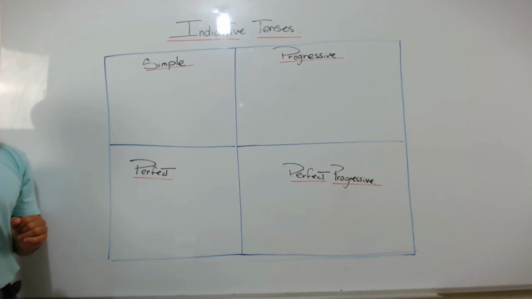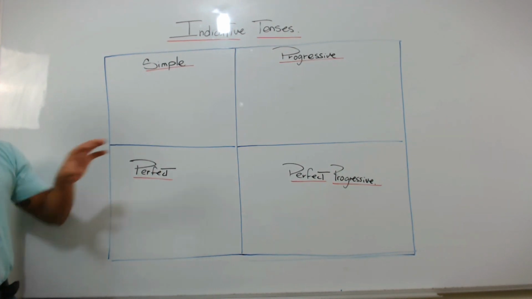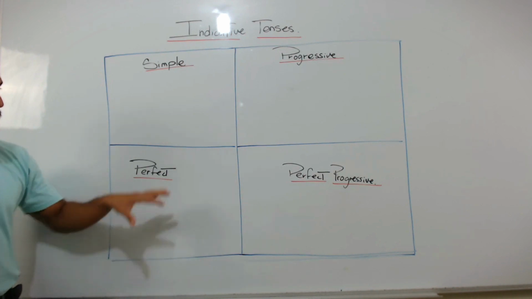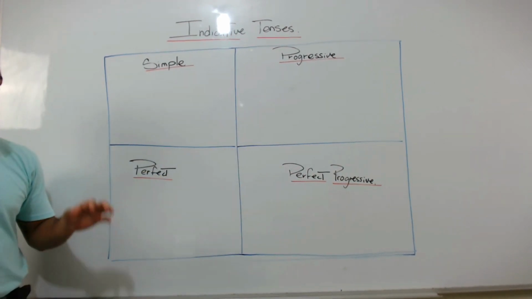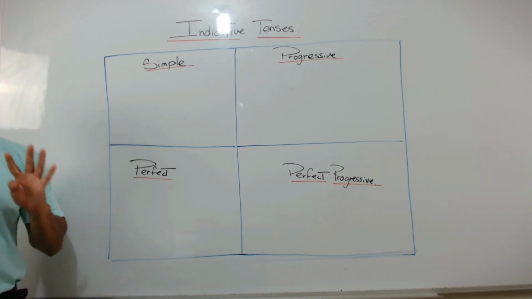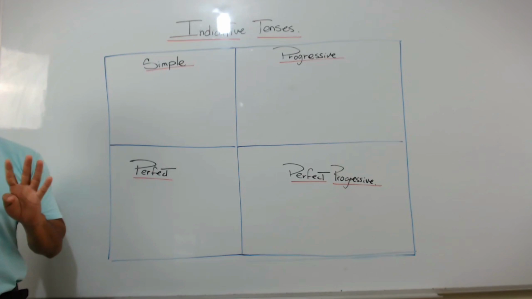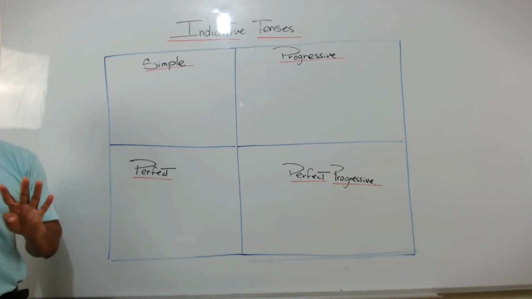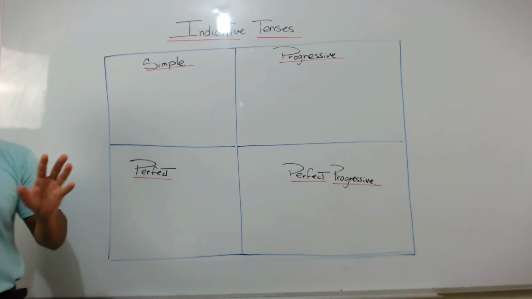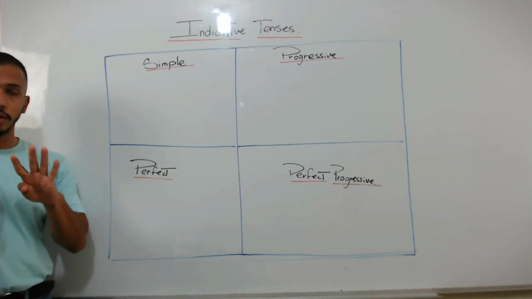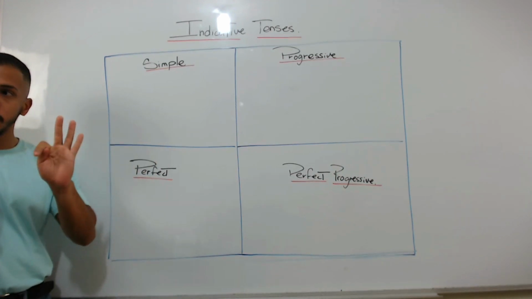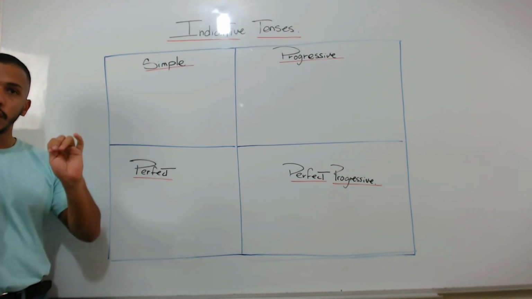Okay. Now, before I go with the next ones, each one of these groups has four tenses in English. In Spanish, we have five. In English, they are present, past, future, and conditional.